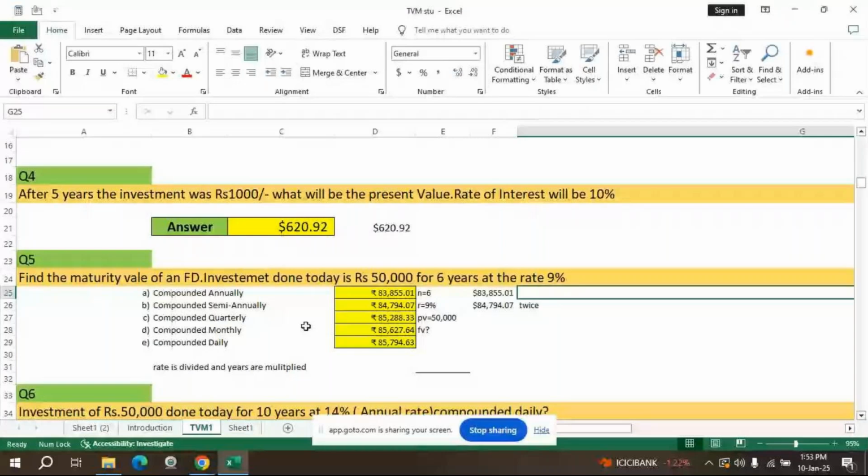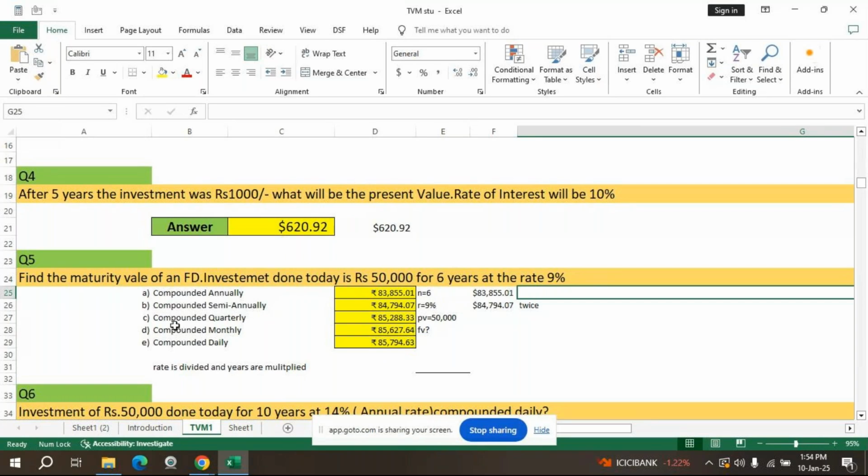Semi-annually means once every 6 months, so for 1 year, the 9% interest will be added two times.